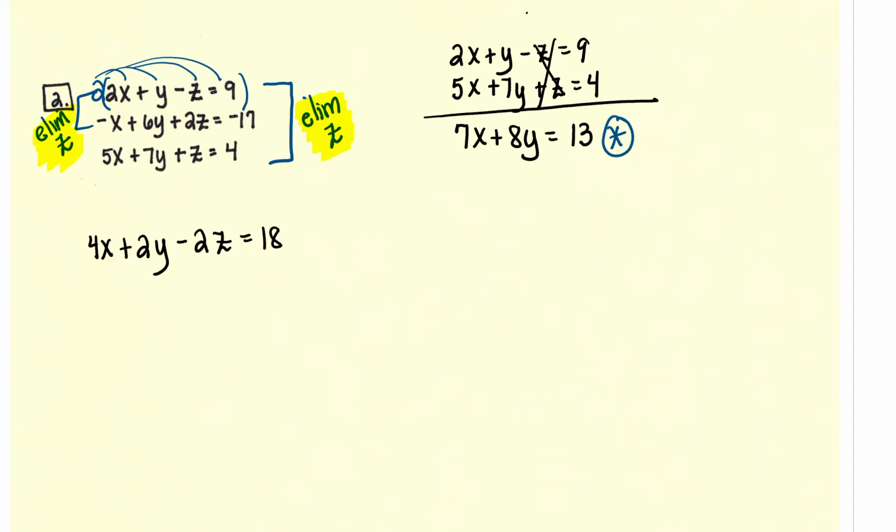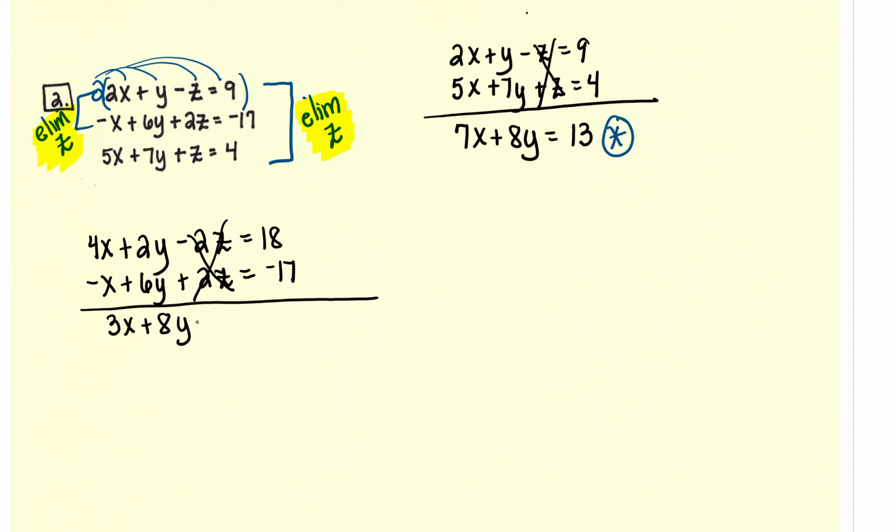Then this middle equation, just bring it over as is because we didn't have to do anything to that one. And so the z's cancel, and I get 3x plus 8y is equal to 1. And that is my second star equation.